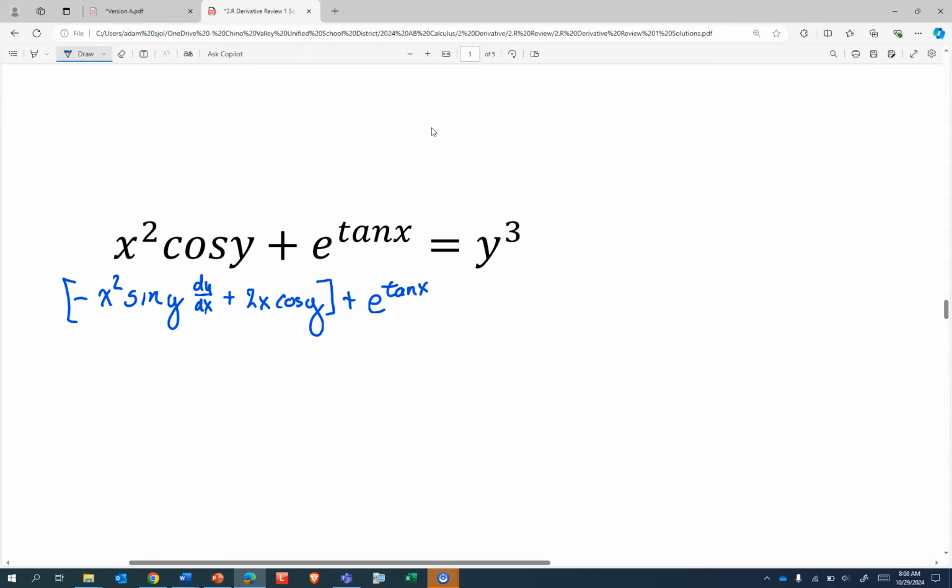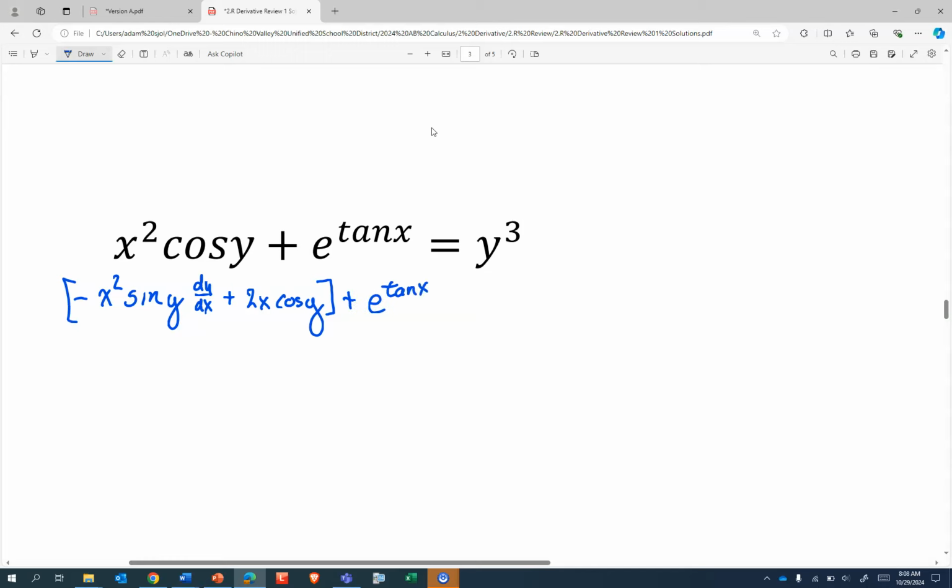What would we be left with on the left? 2x cosine of y plus e to the tangent secant squared, which means dy dx is 2x cosine y plus e to the tangent x secant squared x, all over 3y squared plus x squared sine y.